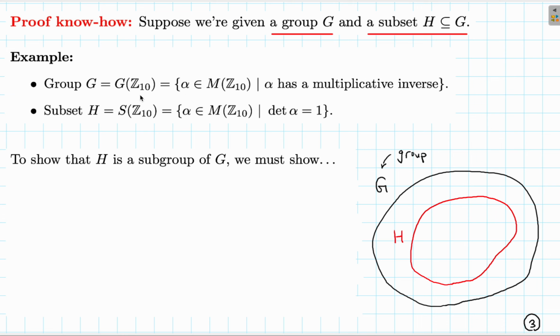And we've already seen that such a set is a group under matrix multiplication. And then we considered its subset H that we call S of Z10. Those are matrices that have determinant 1. And our goal is to show that H is not just a subset of G, but a subgroup of G.